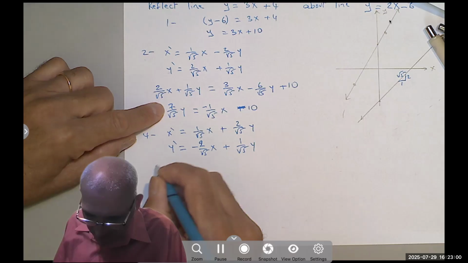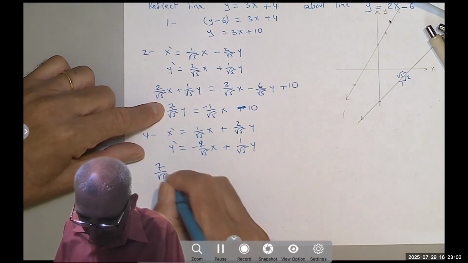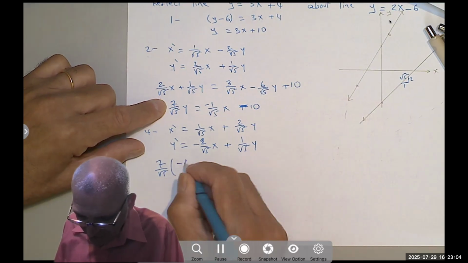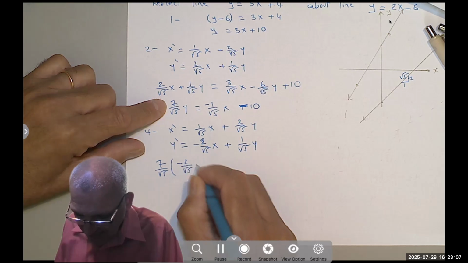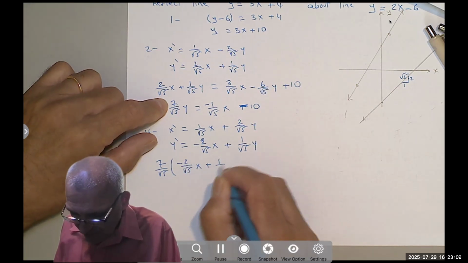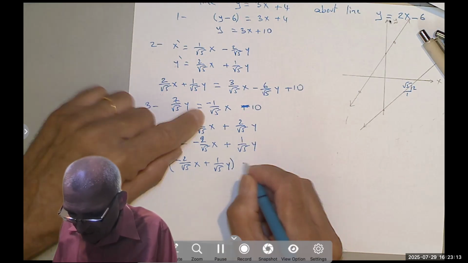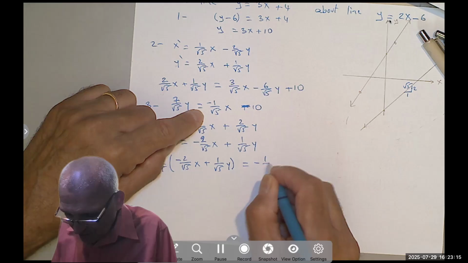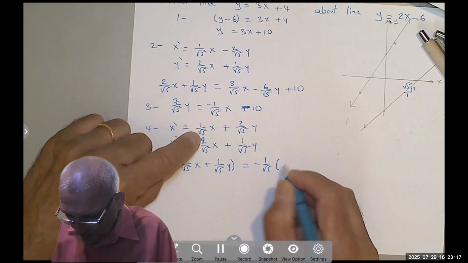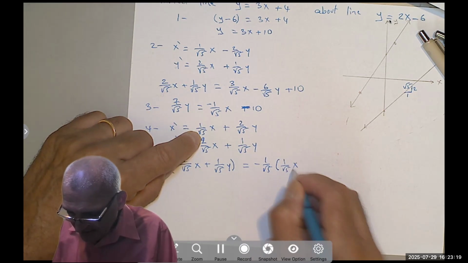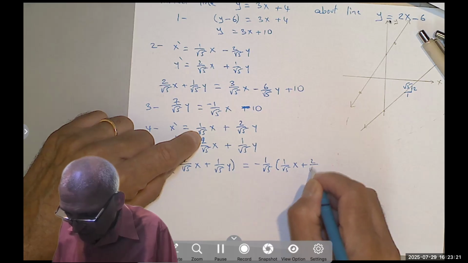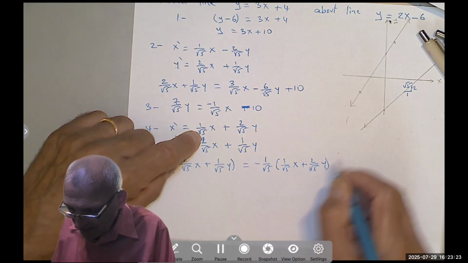So this guy becomes 7 over root 5 times the y, which is negative 2 over root 5x plus 1 over root 5y, equals negative 1 over root 5 times 1 over root 5x plus 2 over root 5y minus 10.